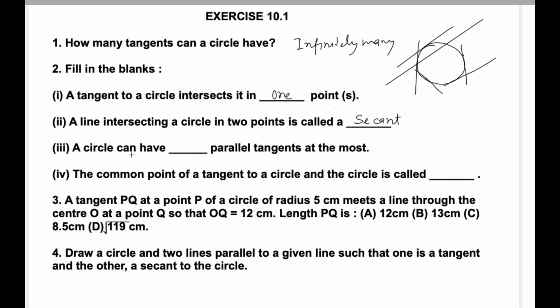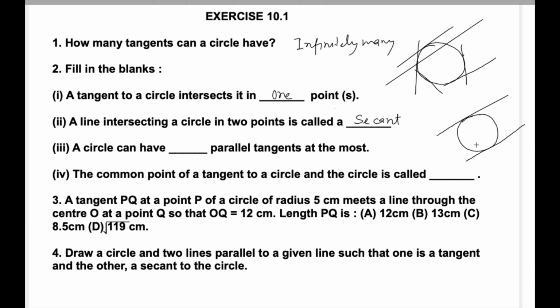Now the third question: a circle can have how many parallel tangents at the most? That is also explained in the textbook itself. If you have a circle like this, and you draw a tangent, there is one tangent over here. Then if you want to draw another tangent, it can only come over here, which will be parallel to this line.